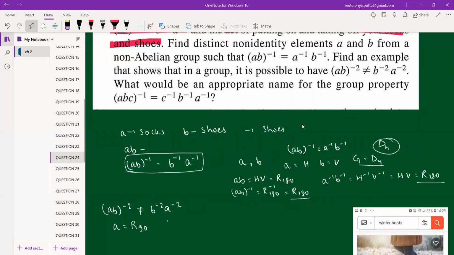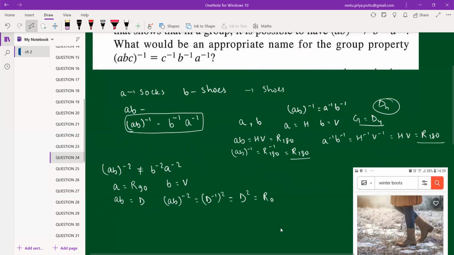Consider A is equal to R90 and B is equal to V. If you find an example, also let me know in the comment or in the group where you feel comfortable. So AB is basically D, and (AB) to the power minus 2 is basically D inverse whole squared. D inverse is D itself, so it will be D squared, which is equal to R naught.